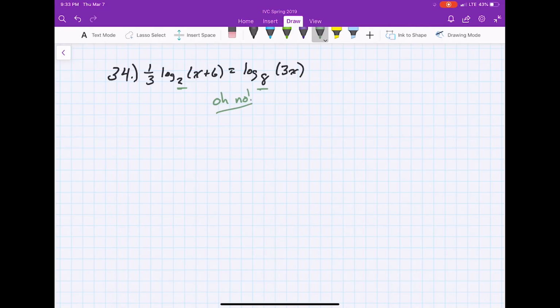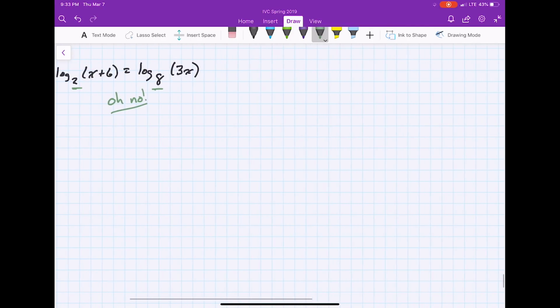What do we do? Well, let's see if we can get the log base 8 of the quantity 3x to have a base of 2. So we set log base 8 of 3x to equal y. Now that 8 can pick up y as an exponent and equals 3x. This can be set as 2 to the third to the y equals 3x.